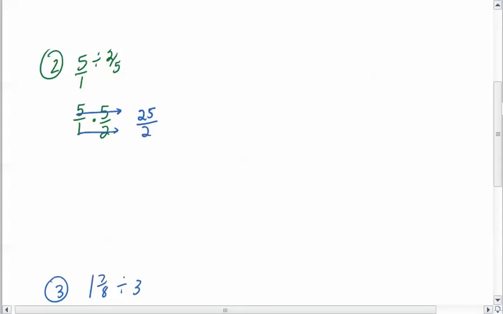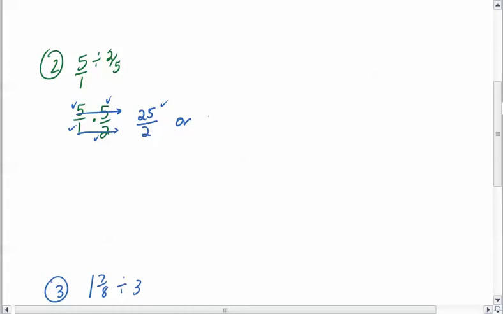Now, I can leave this in improper fraction form, which is what it is right now. It is actually considered simplified, right? It's an improper fraction, but it is simplified. The reason I know it's simplified is because it would not simplify over here. If it won't simplify over here, then it won't simplify here. Now, I could write it another way.